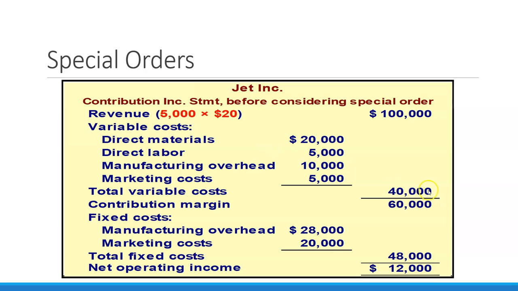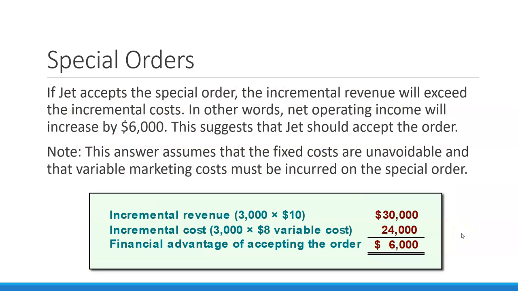So if we take 40,000 divided by 5,000, that is where we get the $8 variable cost. Occasionally, under special orders, we don't have to pay whatever selling or marketing expenses as part of those. So we would remove that from the variable costs.